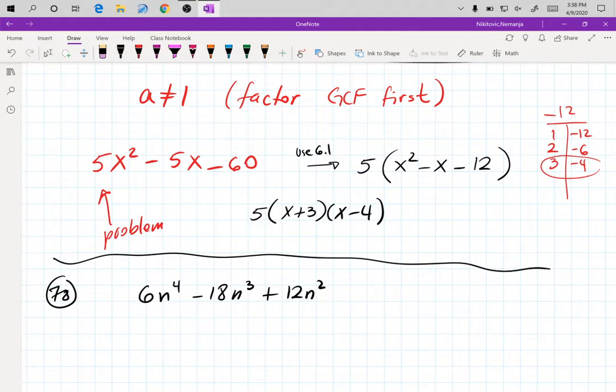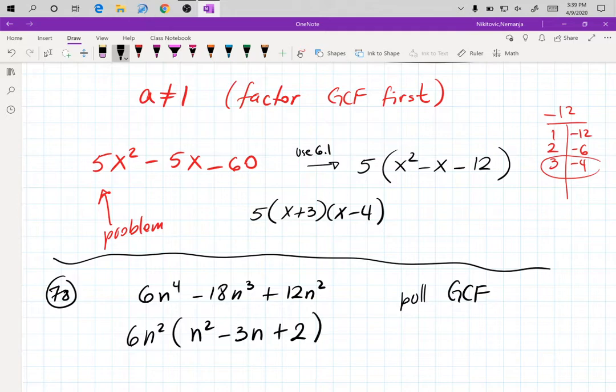So I should be able to pull the GCF. Now, what is the GCF? Every number is divisible by 6, and every single one of them has n squared. So if I pull out 6n squared, we are left with n squared minus 3n plus 2.